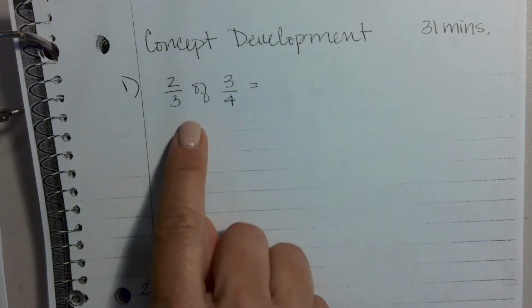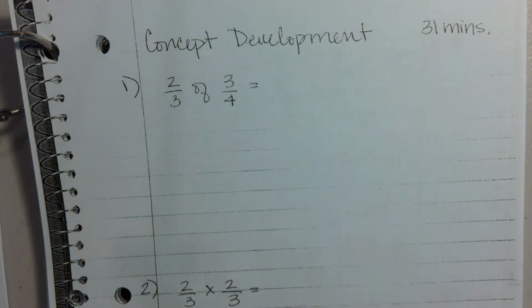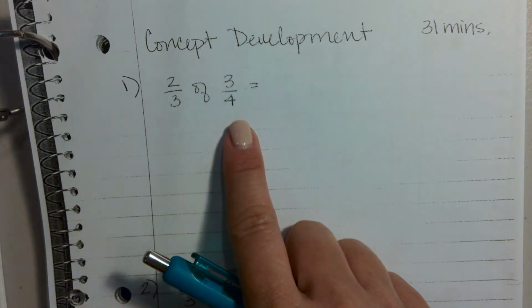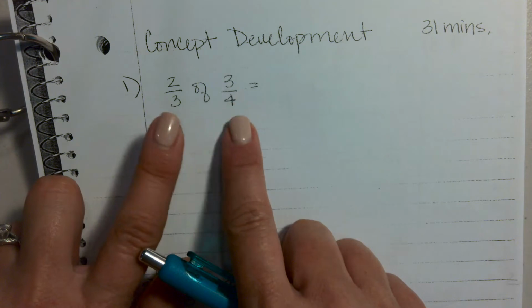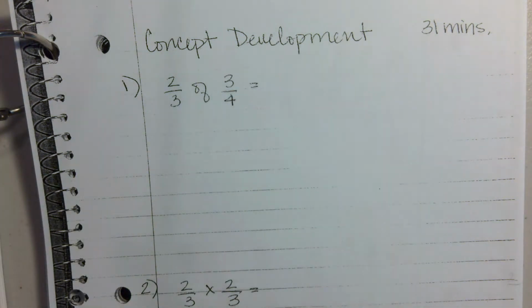How does this problem here look different than the problems that we did in the lesson before, in lesson 14? Well, in every problem we did yesterday, one of the factors had a numerator of 1. So yesterday, or in the previous lesson, one of the fractions was a unit fraction.